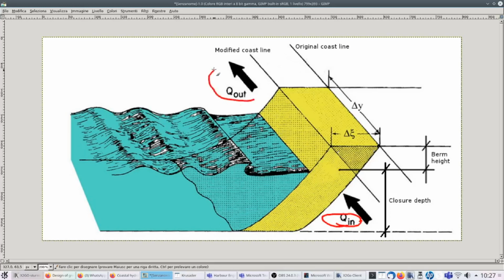We have to compute Q in and Q out for any delta y. Delta y is a spatial step. This simulation is done by applying the CERC formula to each spatial step, delta y.